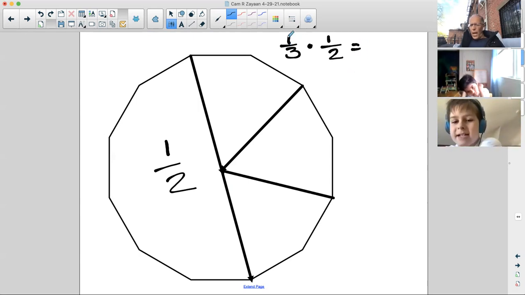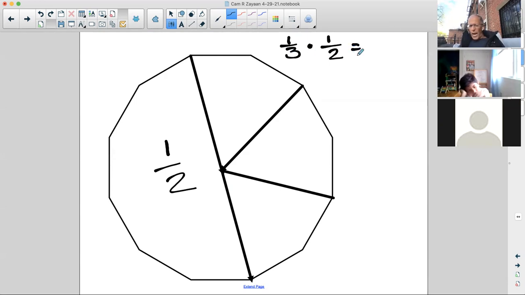If I multiply 1/3 times 1/2, 1/3 of 1/2, multiply across. What do you get? Can you multiply 1 times 1? 1 times 1 is equal to 1.